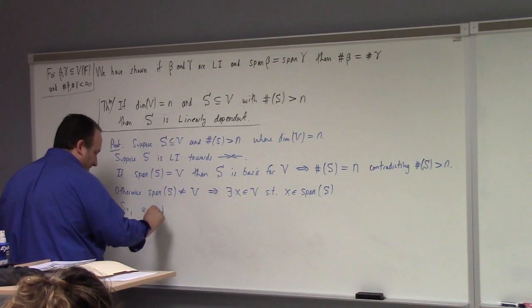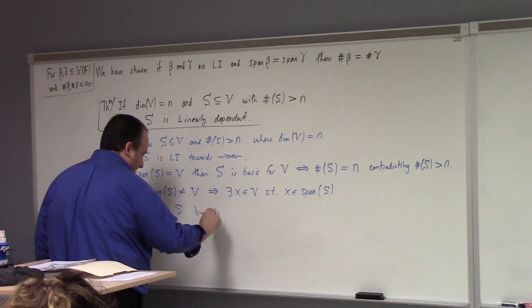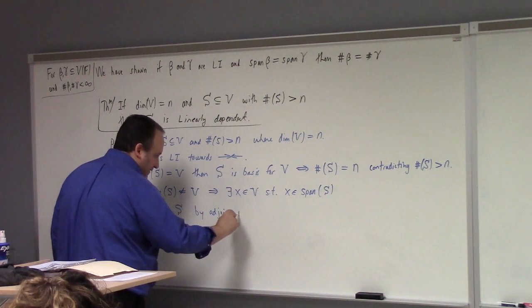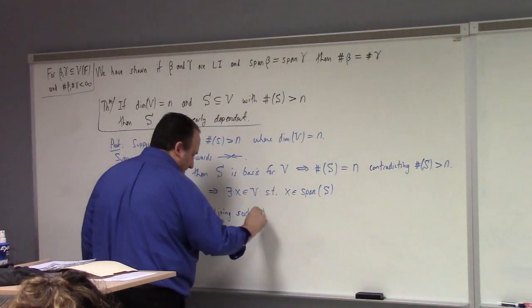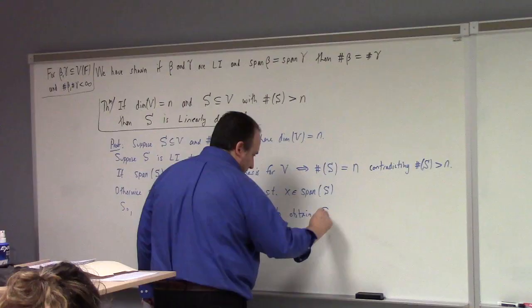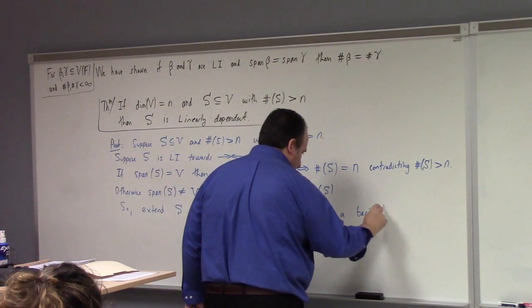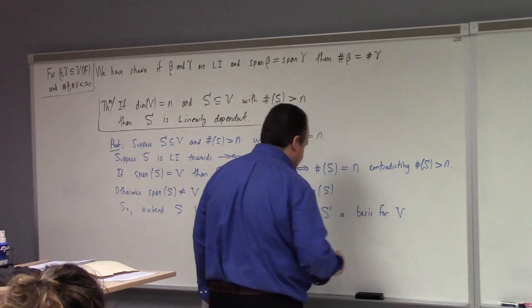so extend S by adjoining such vectors to obtain, let's say, S prime, a basis for V, right?